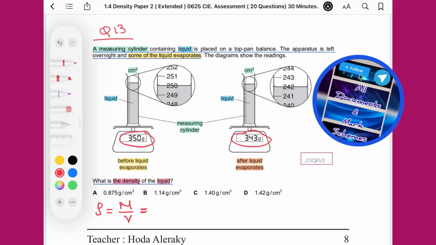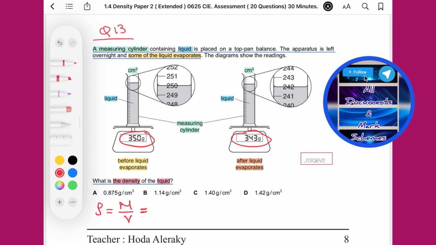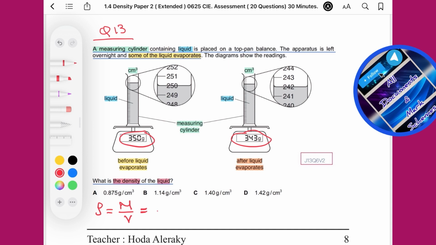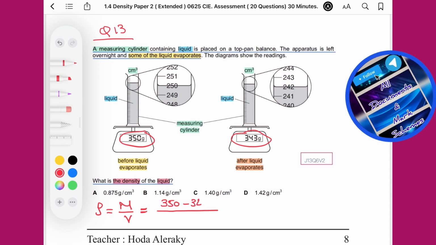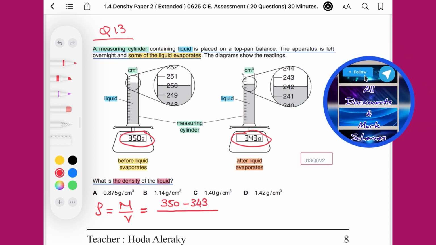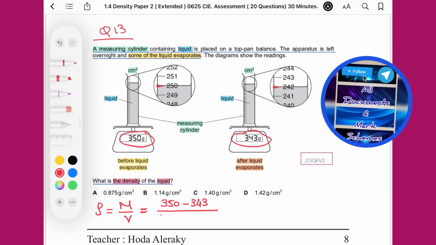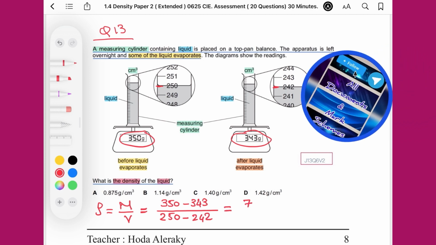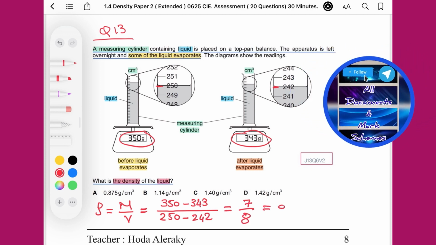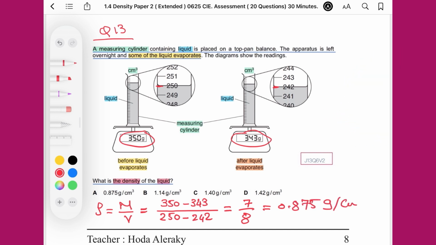So when the liquid changes to another state, you can find the mass here by subtracting 350 minus 343, and also the reading here of volume, 250 minus 242. The answer will be 7 divided by 8, which is 0.875 grams per cubic centimeter.